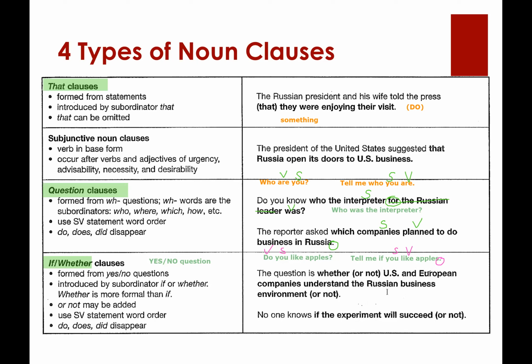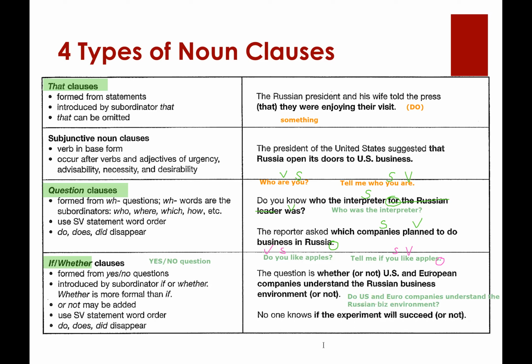Okay, let's look at the examples provided here. The question is whether or not US and European companies understand the Russian business environment. Whether or not is optional. So originally it was a yes or no question: do US and European companies understand the Russian business environment?